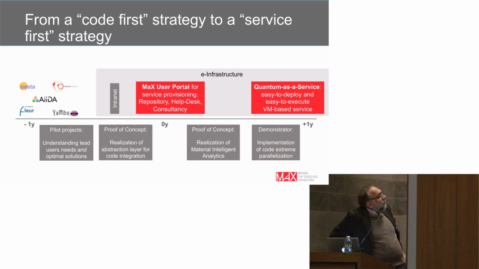And so the first service that is up and running now is a portal in which there is a help desk, it is thought to be very user-friendly for people that are using codes much less than before. And the next step is what we call quantum as a service, and will be ready in a year from now, so to speak.